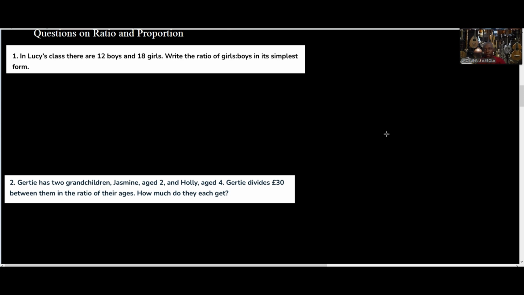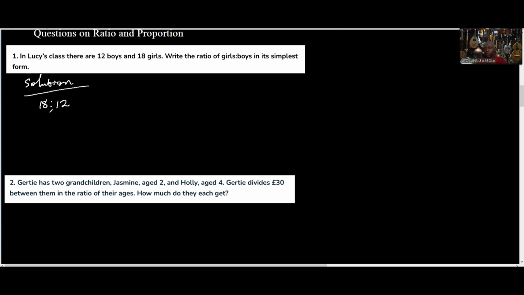In Lucy's class, there are 12 boys and 18 girls. What is the ratio of girls to boys in the simplest form? So the solution to this will be the number of girls versus the number of boys. That is 18 to 12 because there are 18 girls.